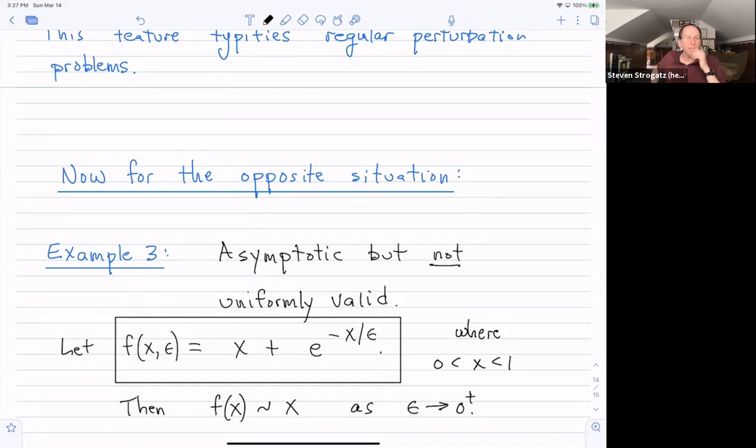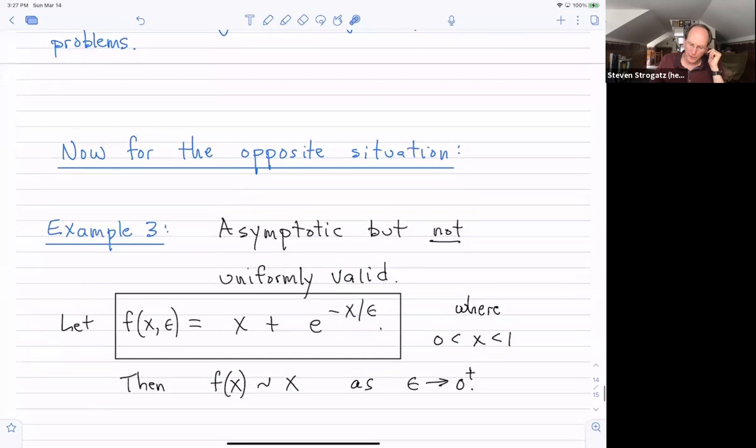In other words, x is a perfectly good asymptotic approximation to f as epsilon goes to 0. You'll recognize this term as one of our transcendentally small terms as epsilon goes to 0 for any fixed x. So this looks good. And yet, even though we have an asymptotic approximation to f, here's what it looks like.